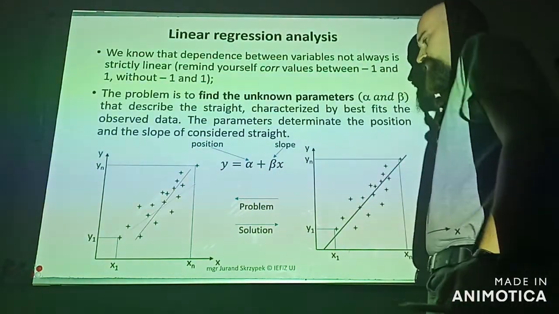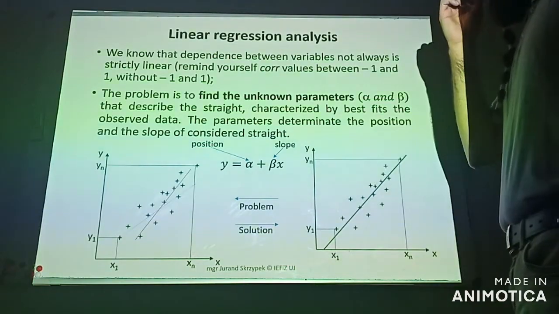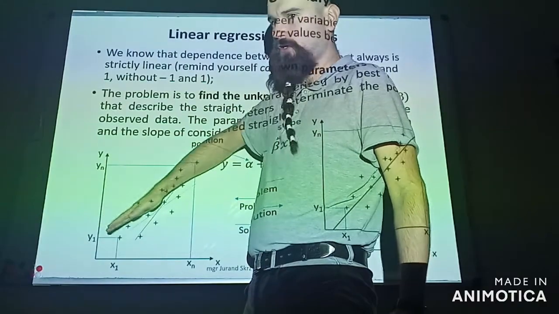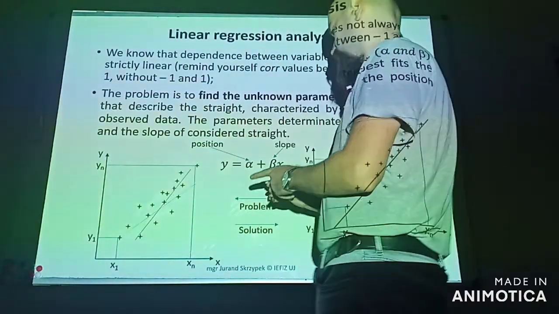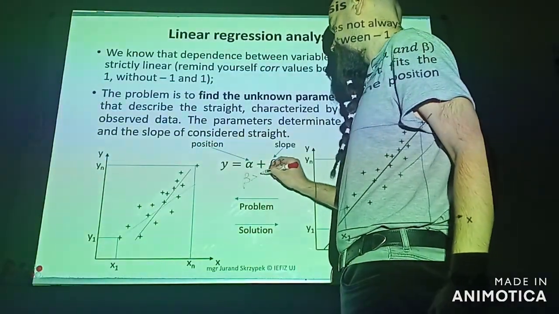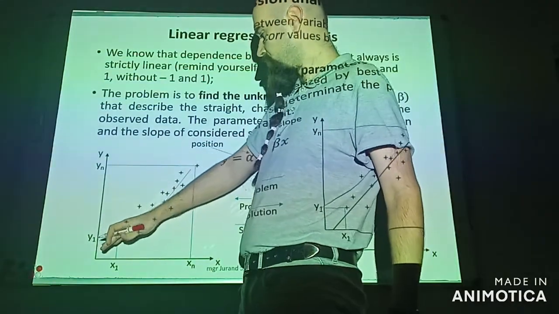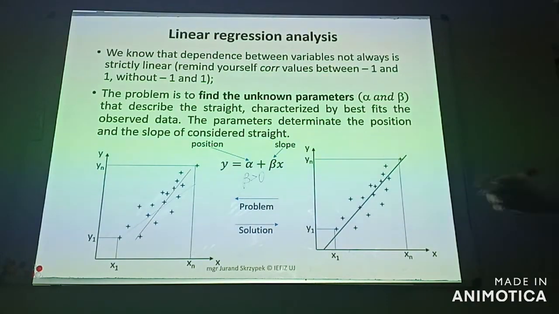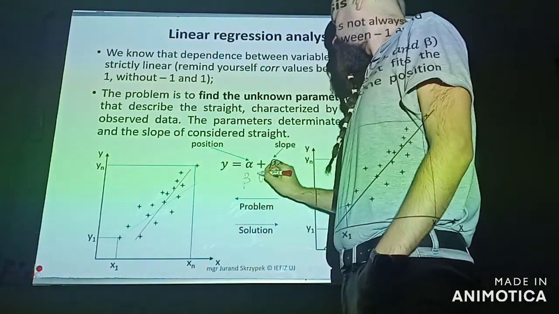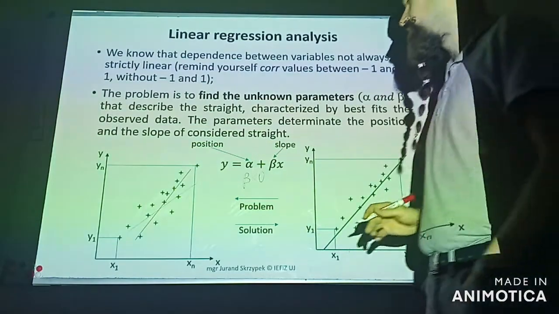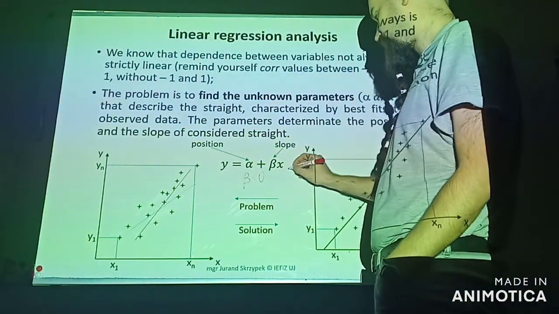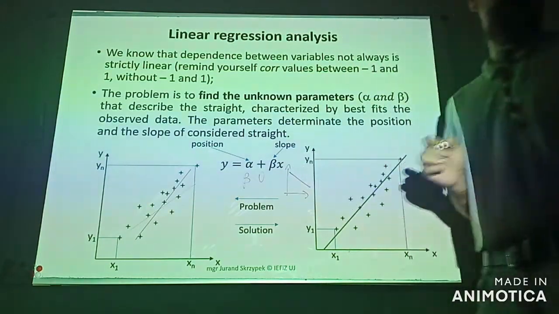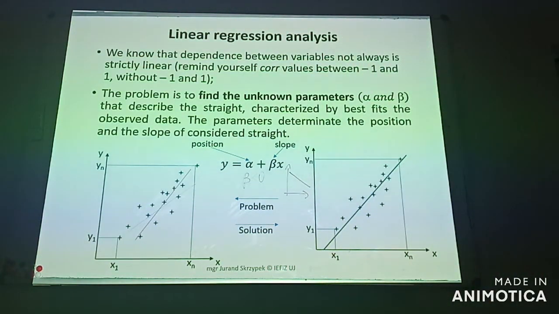Beta parameter, in turn, is responsible for the slope of the straight line. Positive beta parameter means an increasing straight line. Negative beta parameter means a decreasing straight line.